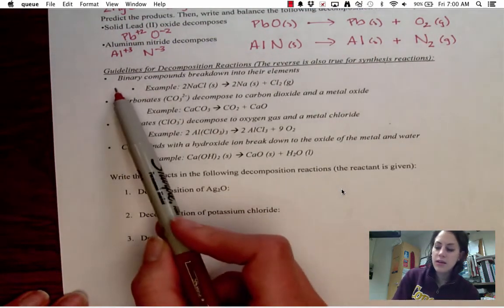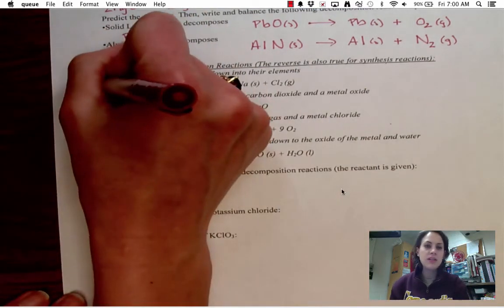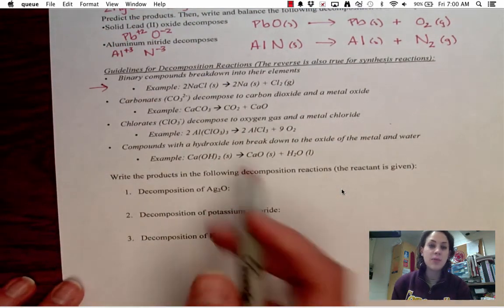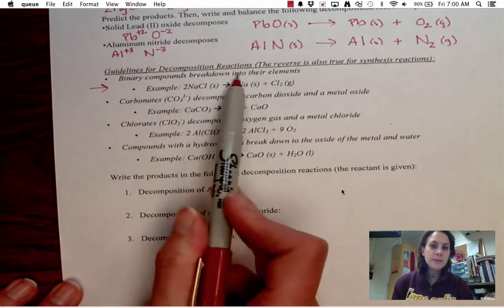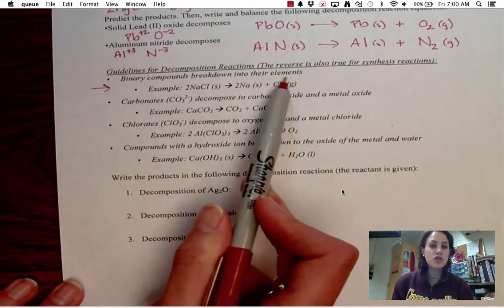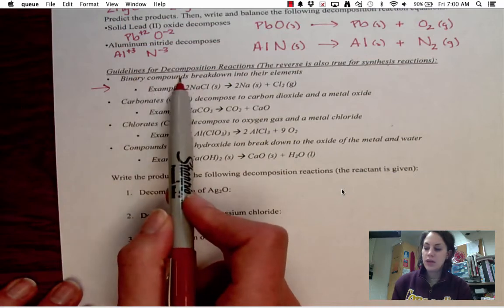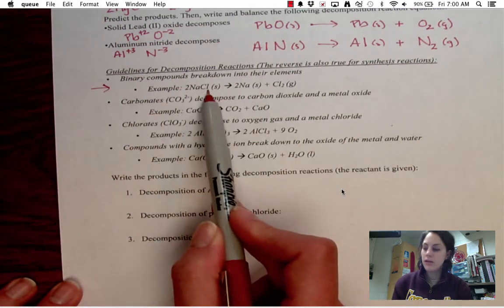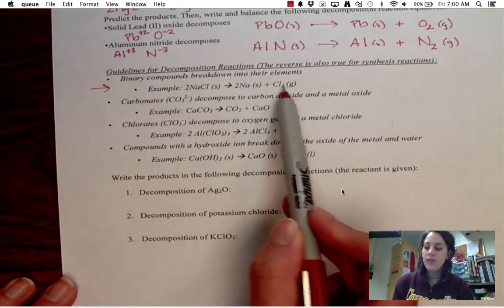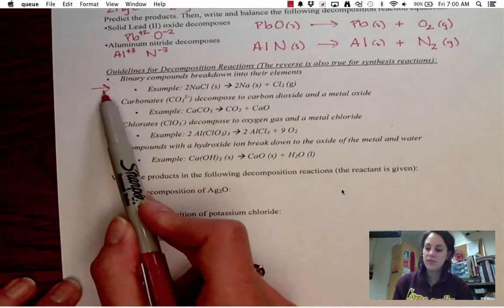So the main ones that I've been showing you up until this point are the first example. Binary compounds break down into their 2 elements. So binary, remember, means 2 elements. So another example like this, I have sodium chloride that's breaking down into sodium metal and chlorine gas. All of the examples that I've given you on this page have looked like this.